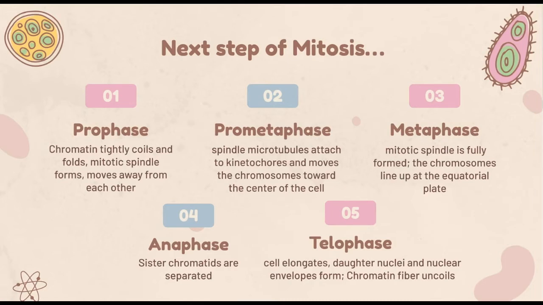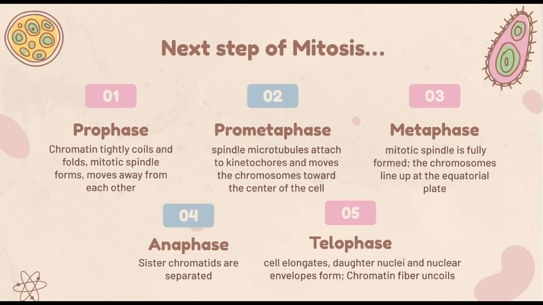In prometaphase, spindle microtubules attach to the kinetochores and move the chromosomes towards the center of the cell. In metaphase, the mitotic spindle is formed and the chromosomes line up at the equatorial plate, the metaphase plate.